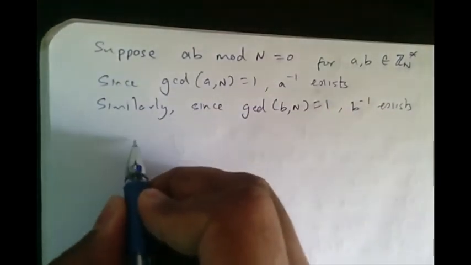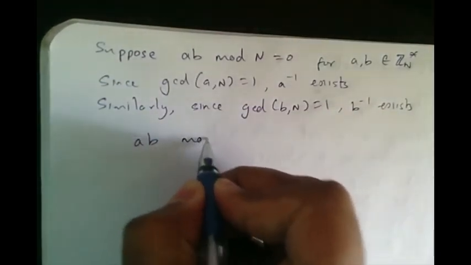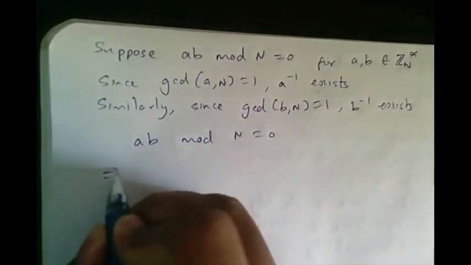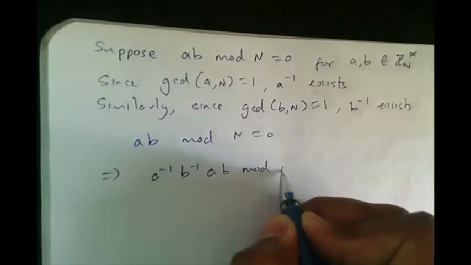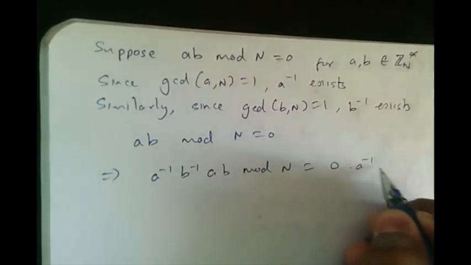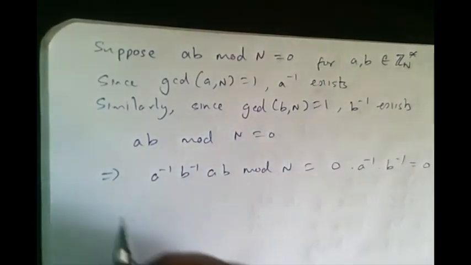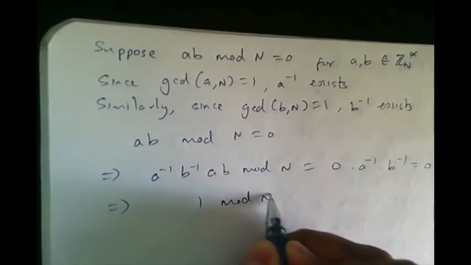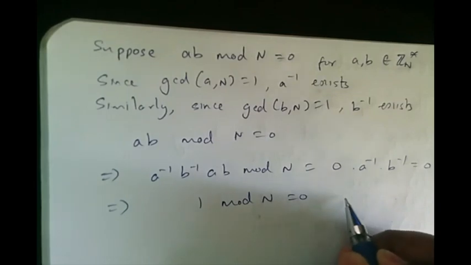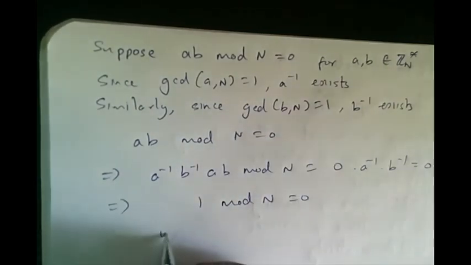So multiplying on both sides, AB mod n is 0 would imply that A inverse B inverse AB mod n is 0 times A inverse B inverse, which is just 0 again.